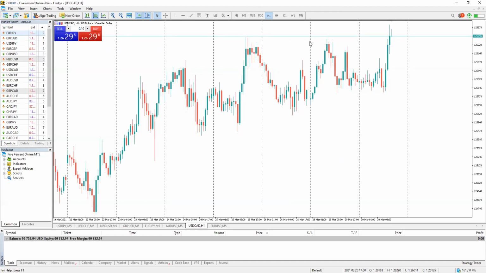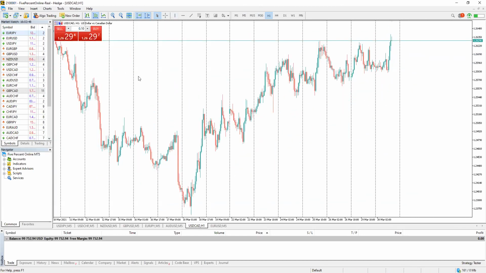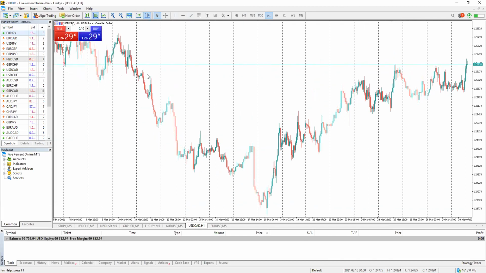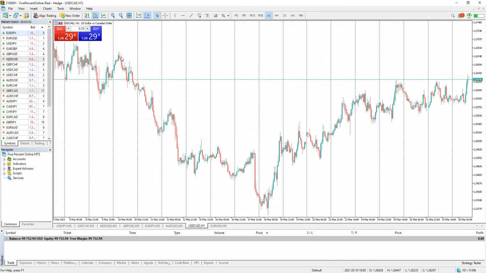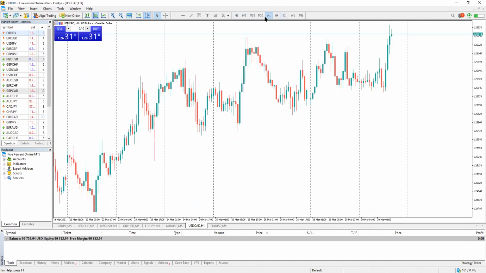You can see we have tested these levels many times, this resistance, and we're trying to break it. Now, I guess there will be some challenges and price won't be breaking this supply right here that easily, but it will be trying to break to the upside. So let me just mark that level right there.